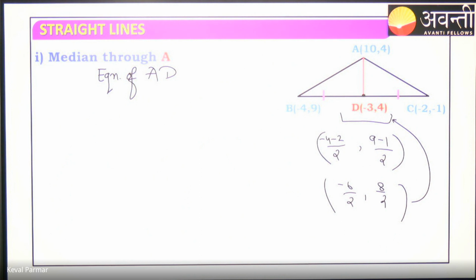Remember, we have to find the equation. What do we do when we have to find an equation? We use slope point form. You can use any form, but I personally prefer using slope point form. Come on, let's see. First, find the slope. I can find the slope by y2 minus y1 upon x2 minus x1.